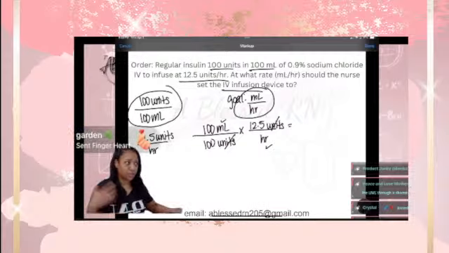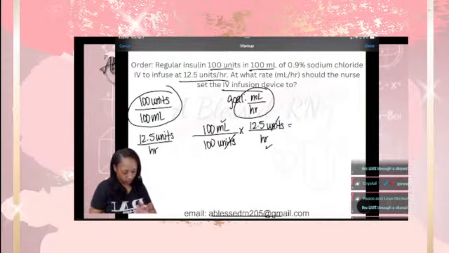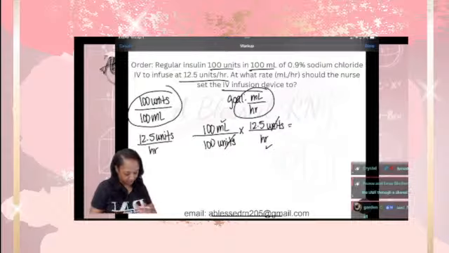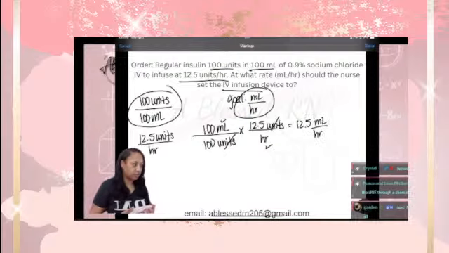This prevents you from getting a super long number and having to enter it again into your calculator after writing it down, if that makes sense, okay? All right, so 100 times 12.5 divided by 100 is going to be 12.5 milliliters per hour.